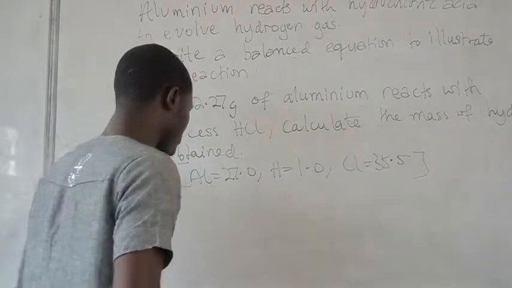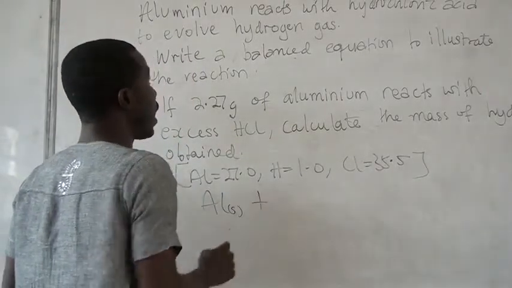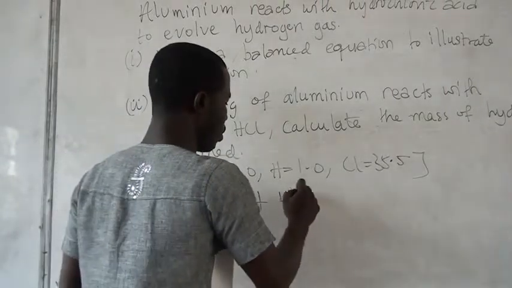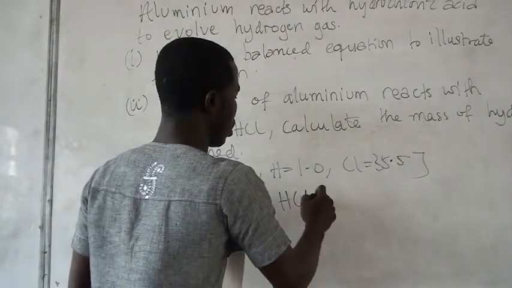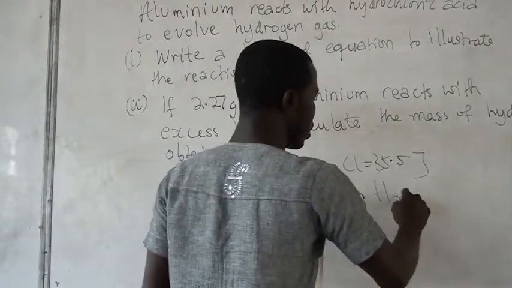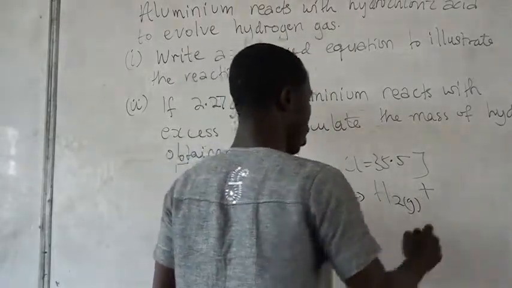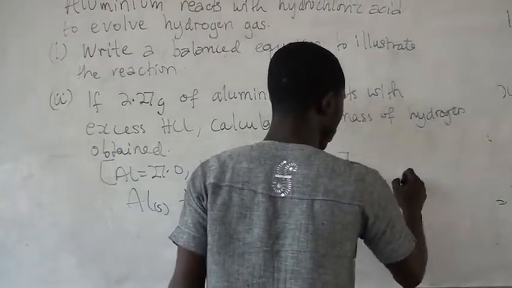So Al solid plus HCl reacts to produce hydrogen gas and aluminium chloride.